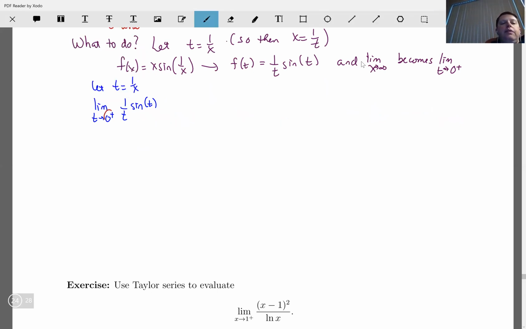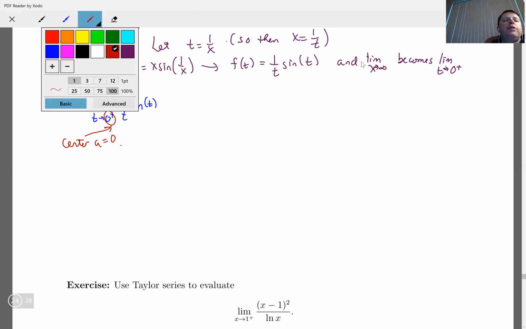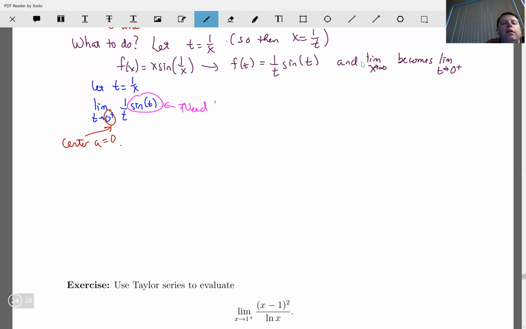And again, the center is going to equal 0. Okay, so the center is 0. And what do we need to take the Taylor series of? Well, there's only one function to take the Taylor series of, so we need the Taylor series, or equivalently the Maclaurin series, of sine.